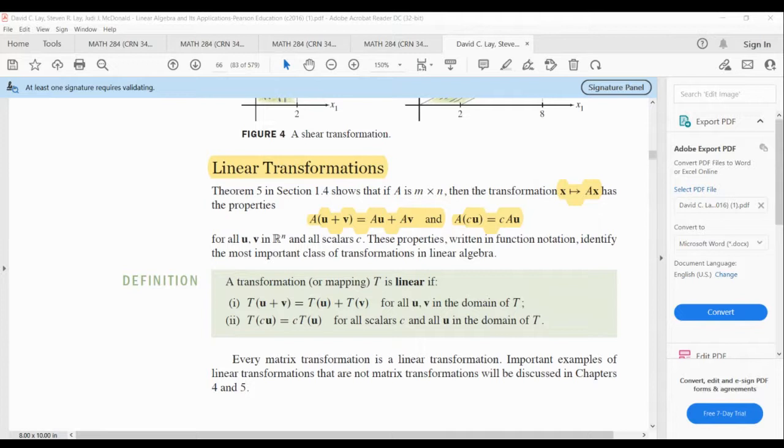That's what that means. By the fact that the matrix A times (u plus v) is equal to the vectors Au plus Av, and the fact that A times a scalar times a vector u means you can pull out the scalar, so you get c times Au, this means that the matrix transformation is a linear transformation. It can be classified as a linear transformation.